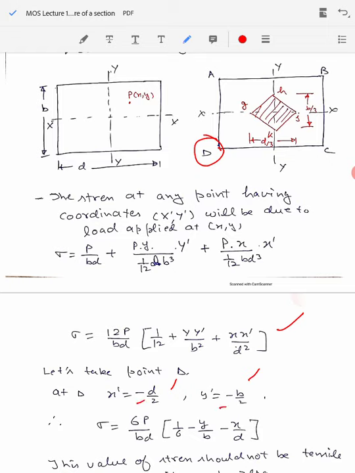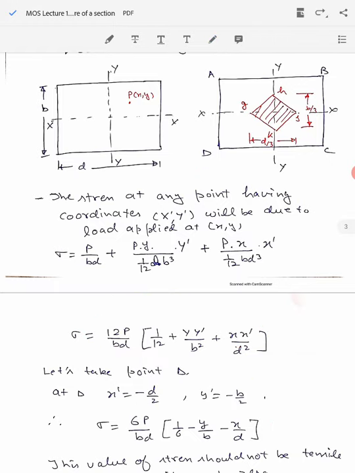That's why there are negative values appearing in front of the d by 2 and b by 2. When we substitute these values in the equation here, we are going to get the value of sigma as 6P divided by bd multiplied by 1 by 6 minus y by b minus x by d.